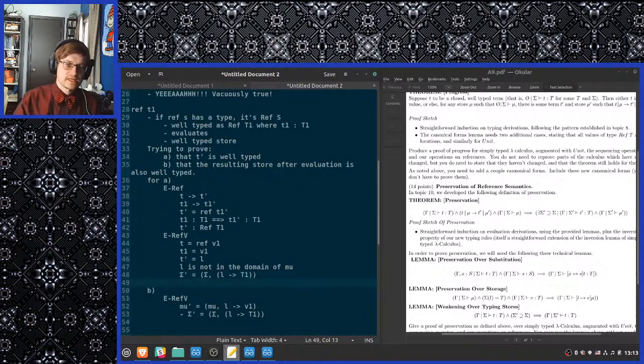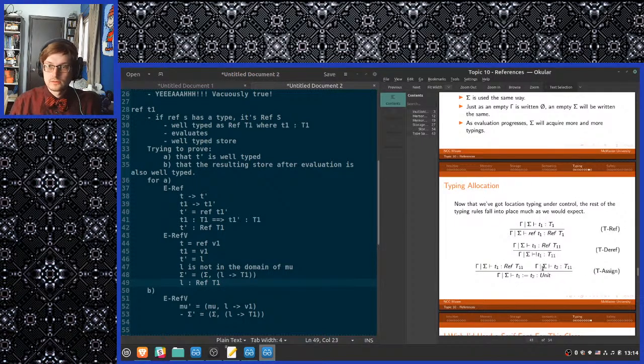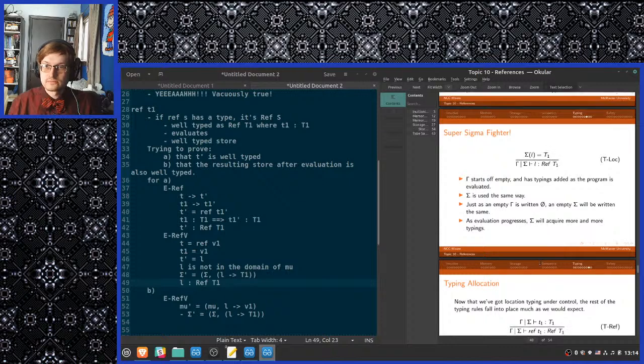Under this sigma prime, L does have the typing ref T1, because if you take a look at the typing rule for locations, if L maps to T1 in sigma, then it has type ref T1.